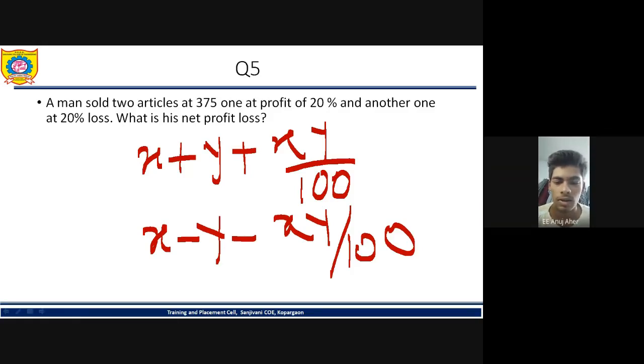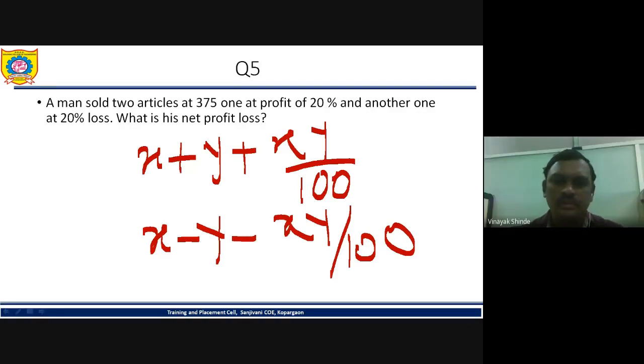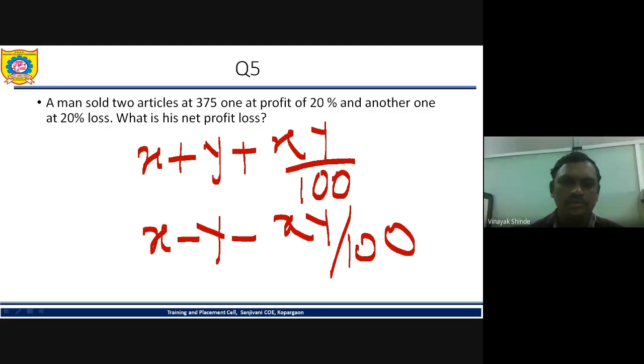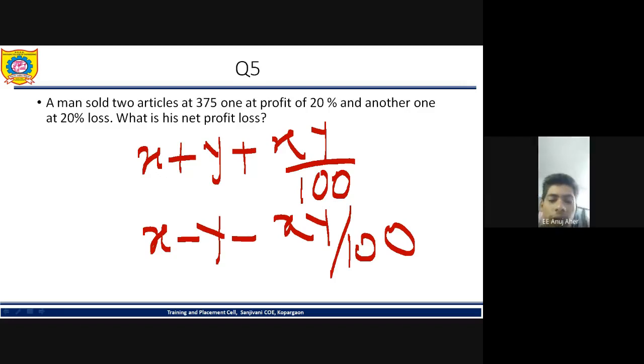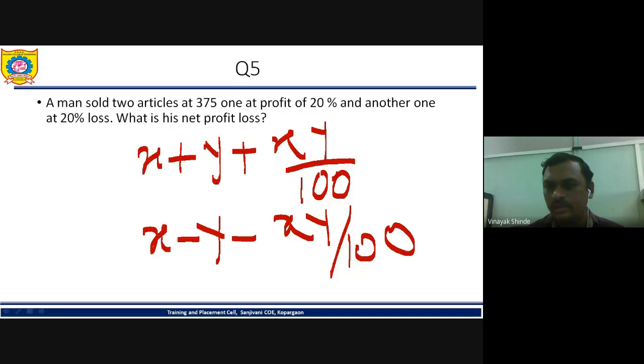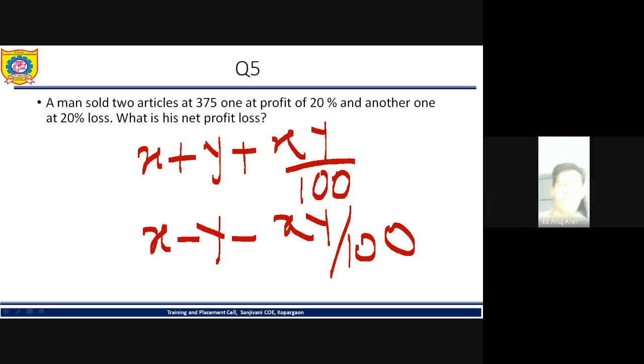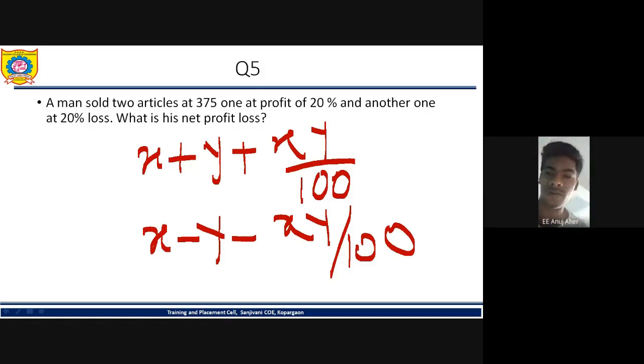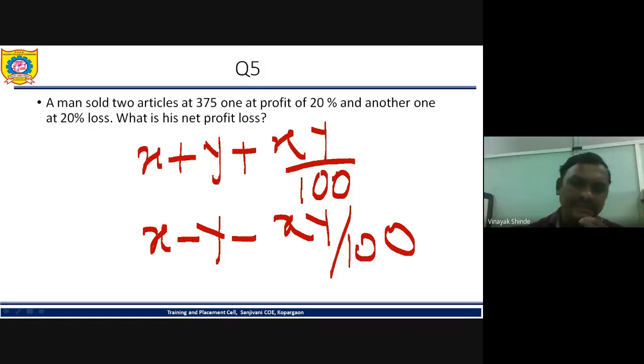Then what is written over the presentation? Tell me what is written. Which formula is written over the presentation? What is written over the presentation in red color pen?